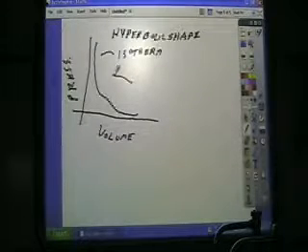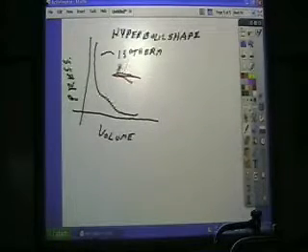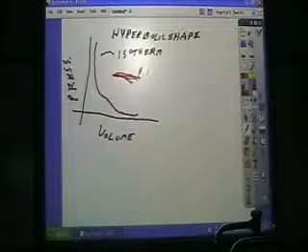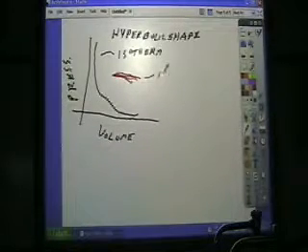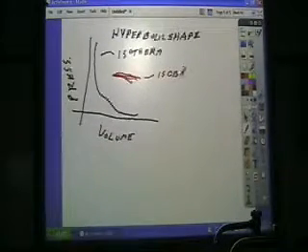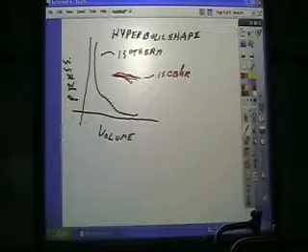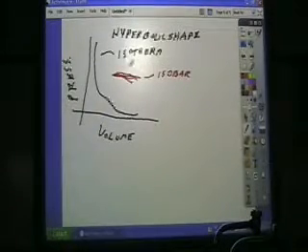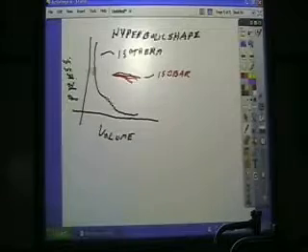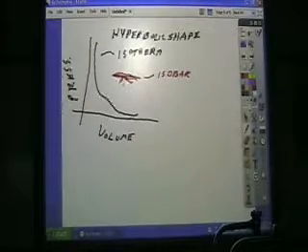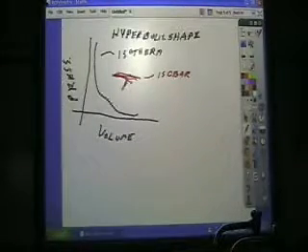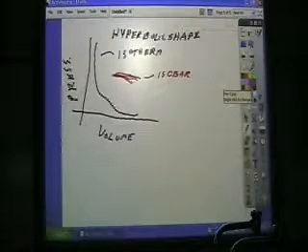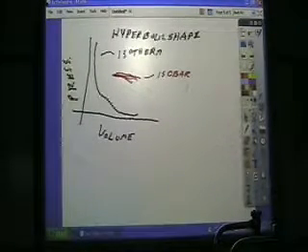Oh, that is a horrible horizontal line. Alright, this would be considered an isobar because it is a drawing of an isobaric process, a situation in which the pressure remains constant throughout. It should be a horizontal line if you're actually trying to draw it nicely in your notes, but unfortunately I'm still not very good with this.